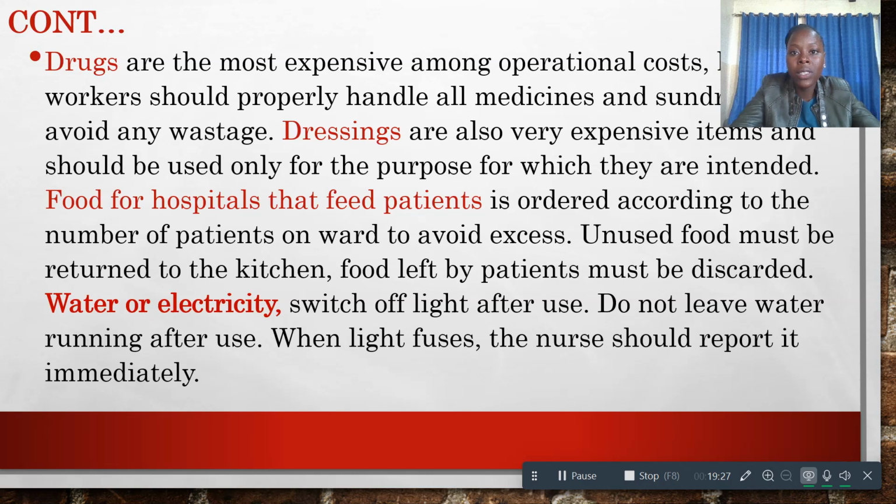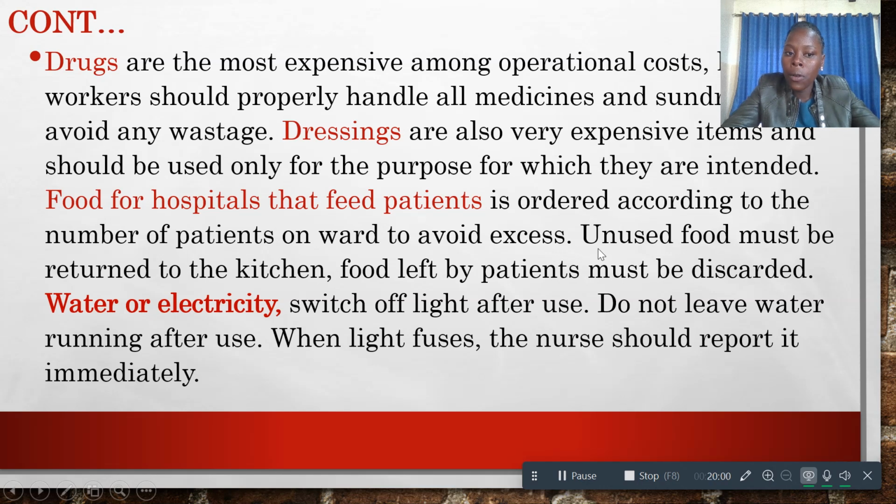But for hospitals that provide food for the clients, that food is ordered according to the number of patients. Why? We want to avoid any excess, because if we get that excess, we are going to end up wasting it. Our main aim is to reduce all those wastes, and in turn reduce the operational costs for the hospital.